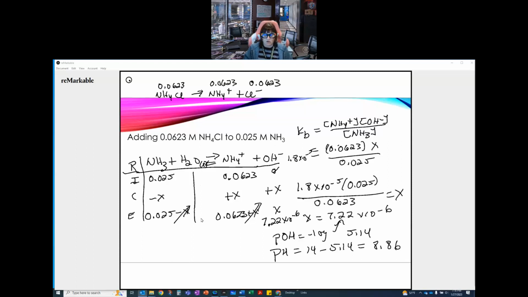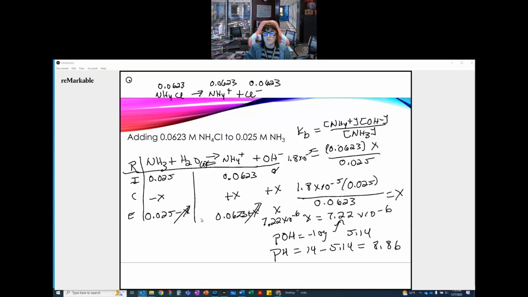Now, one other thing I need to bring to your attention when we're looking at all of these examples we've been talking about: a weak acid and its conjugate base, or a weak base and its conjugate acid. These are buffers. Buffers resist changes in pH because the acid can react with any base that's added, and the base can react with any acid that's added.